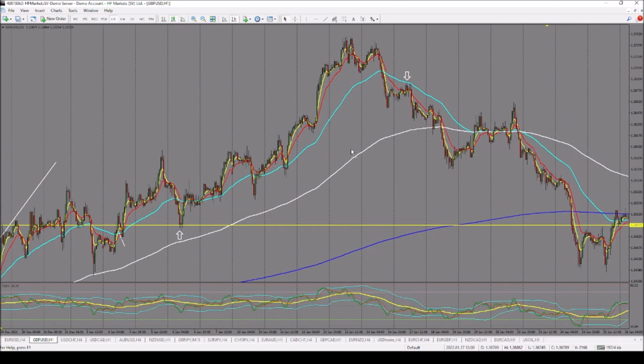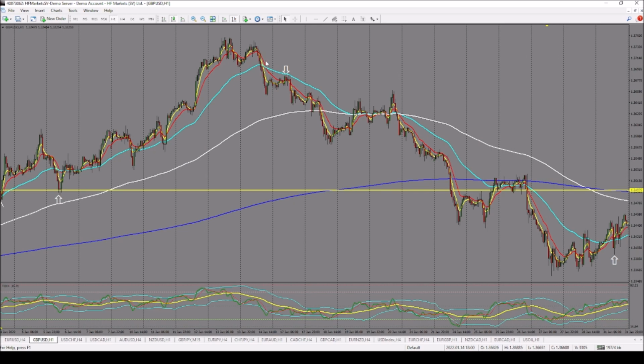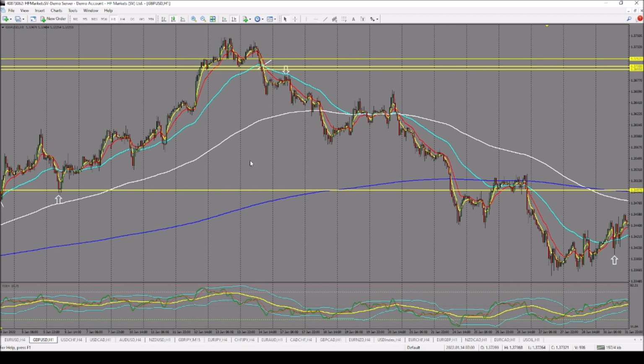Then the next point, we can see that after the crossover of the 13 and 50 EMA, the market went down. After going down, which were our zones? We had 1, 2, and 3. As we can see, which one was nearest?